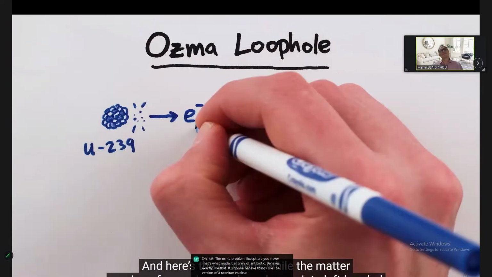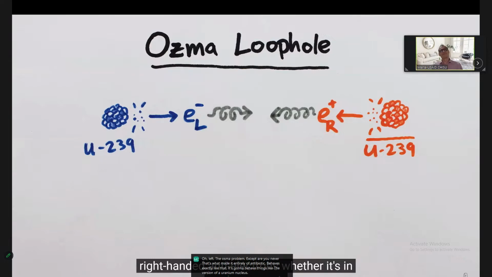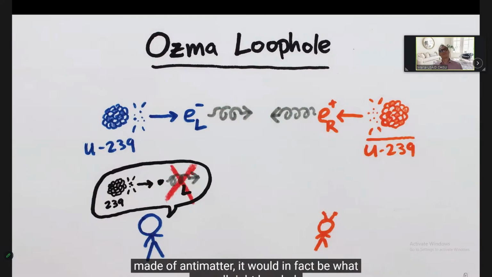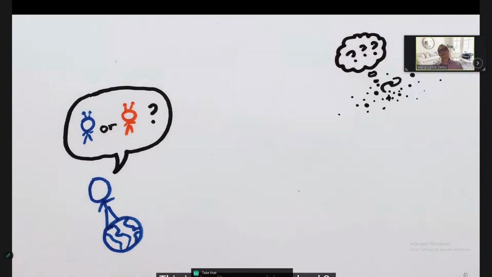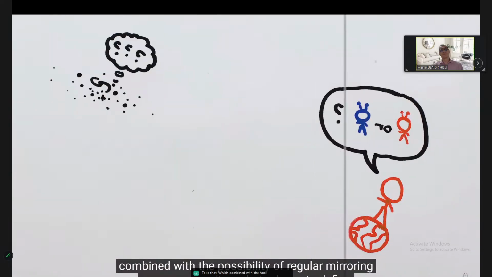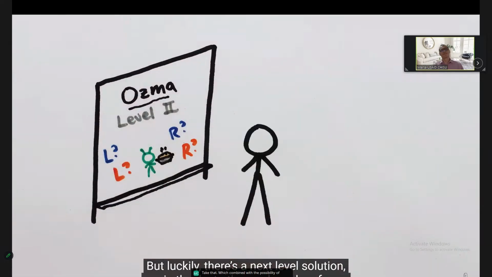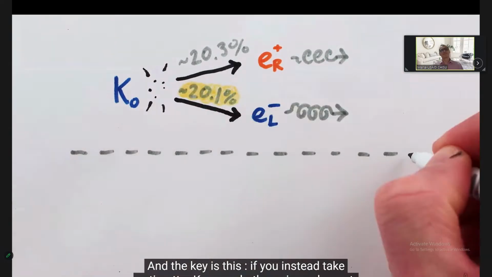Version of a uranium nucleus. Possibility of anti-venom.